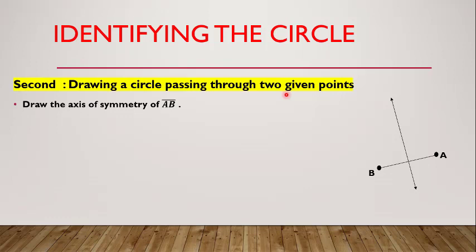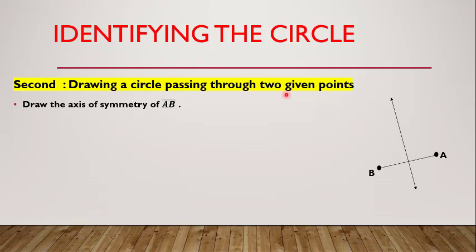Briefly, you can open your compass greater than half the length of AB. Put it in A and draw an arc up, an arc down. By the same opening, put it in B and draw another arc up and down, and then join the points of intersection of the arcs.